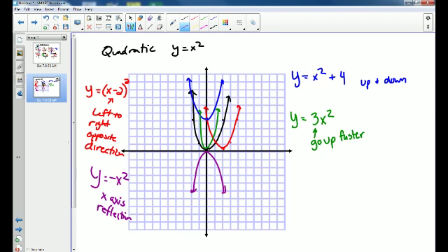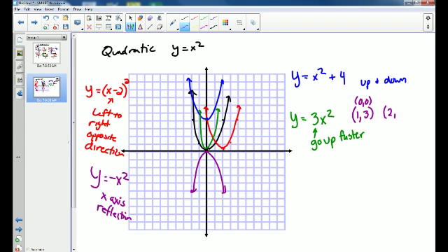And if I choose an x value of 1, what's my y value? 3. So 0, 0 is a point as well, and 1, 3. Right? What if I choose 2?